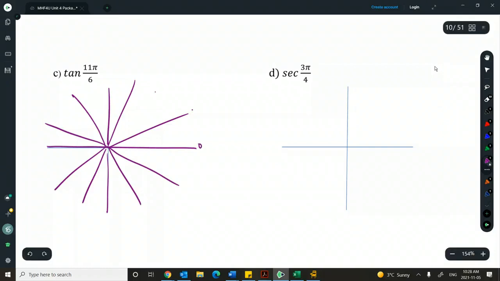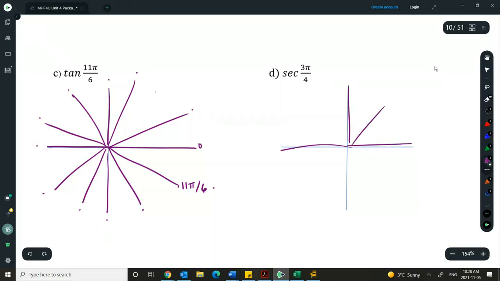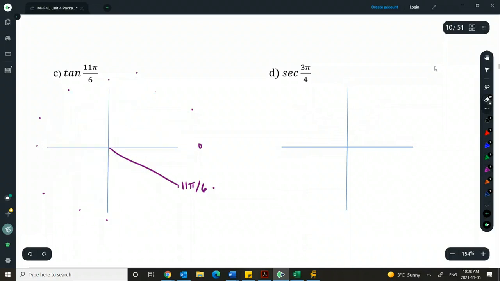So this is 0, 1 pi over 6, 2 pi over 6, 3 pi over 6, 4, 5, 6, 7, 8, 9, 10, 11. This is 11 pi over 6 right there. If I do 4s, then I split the top into 4s, I split the bottom into 4s, and then I count around to the number that I need. All right, so I don't need all of these.